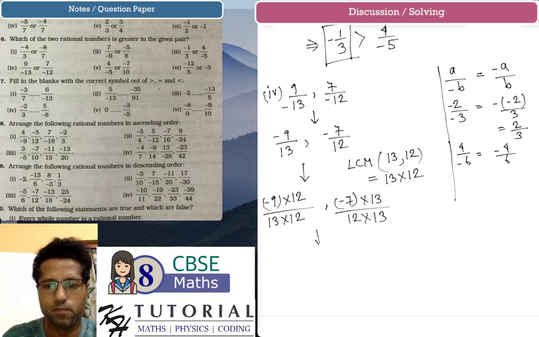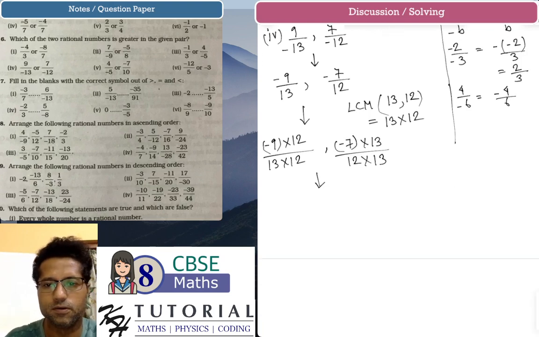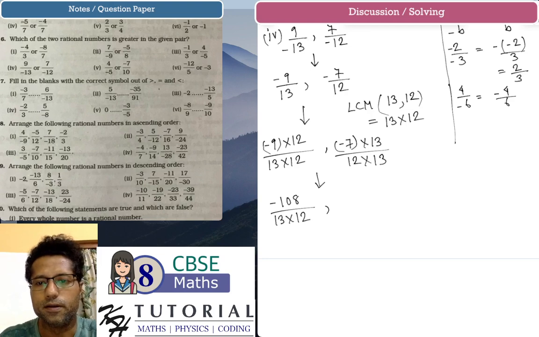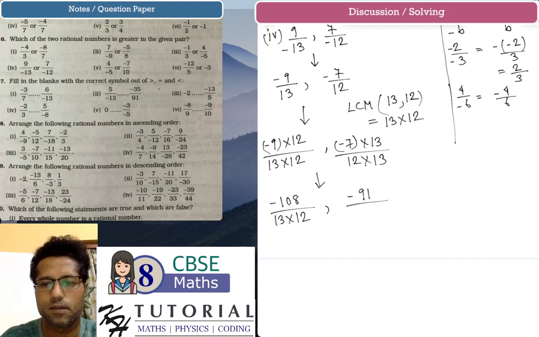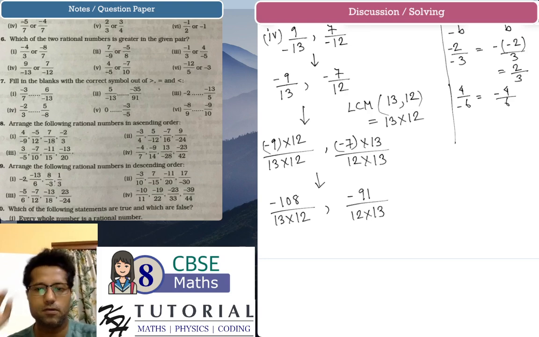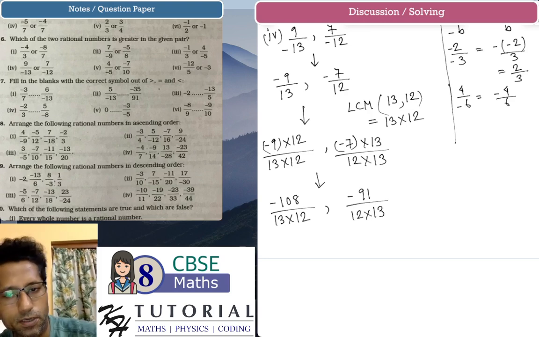So now the new pair of rational numbers becomes minus 9 into 12 is minus 108 divided by whatever this number is. I am not computing its value, it is not required, and minus 7 into 13 is minus 91. This is 12 into 13. So now we have two rational numbers where both the denominators are same.